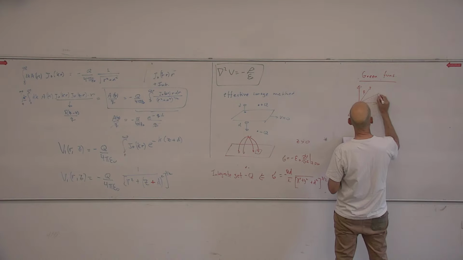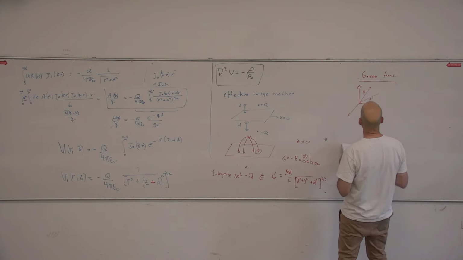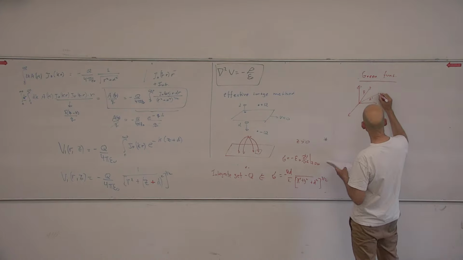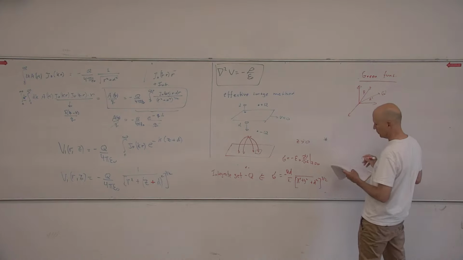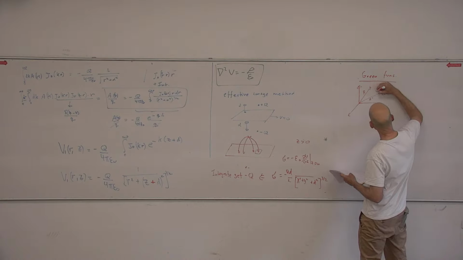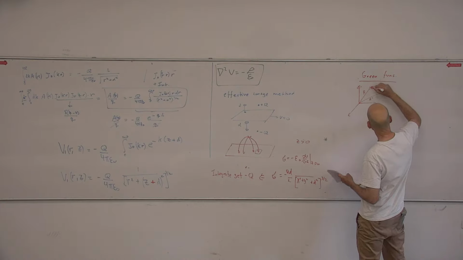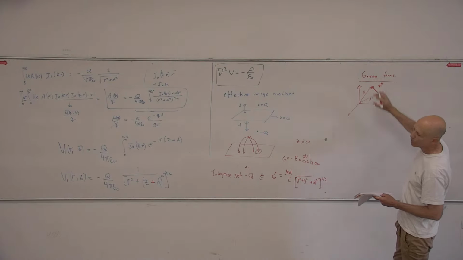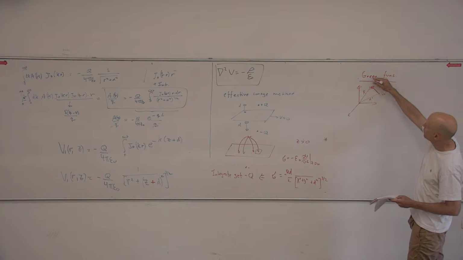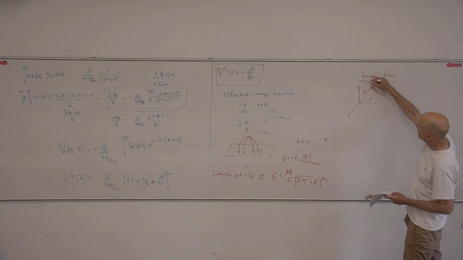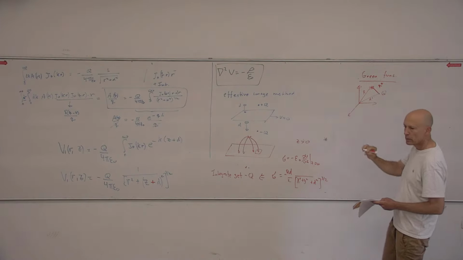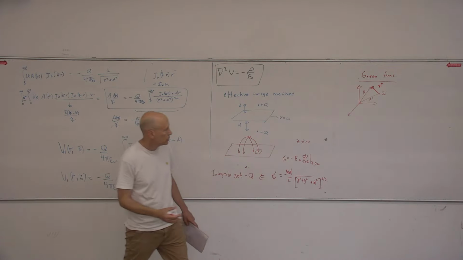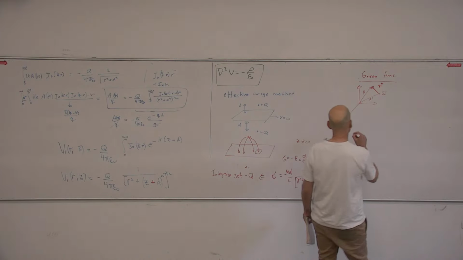So I have two coordinates, r and r prime. And on this point I have a charge q. And then I have this distance, r star. This point r is where you have some observer, sitting here and measuring the potential. We want to know the potential, and we know the solution.